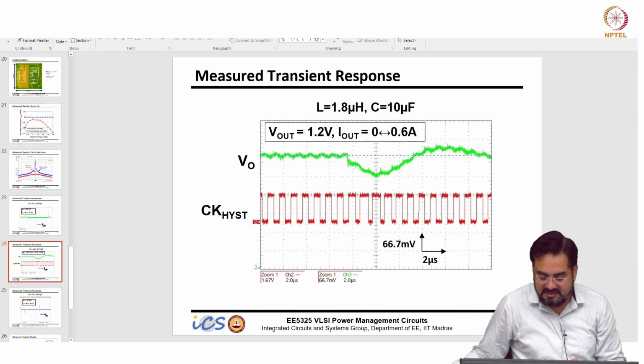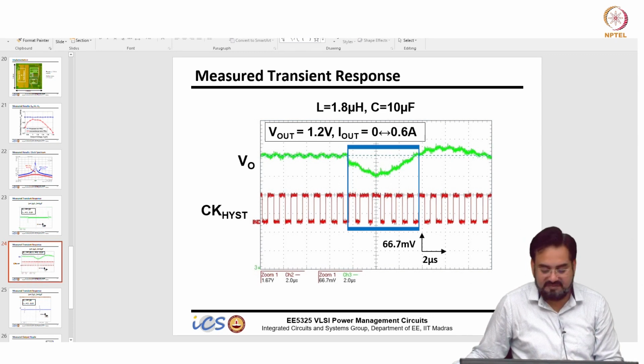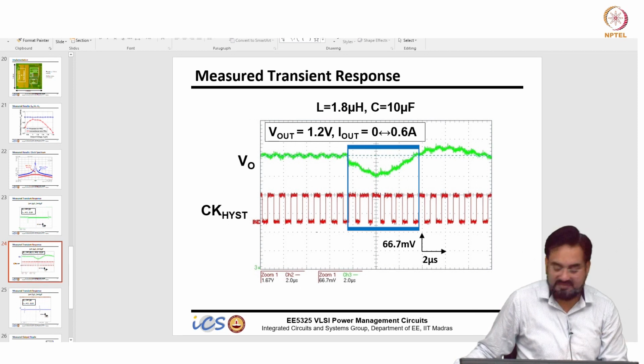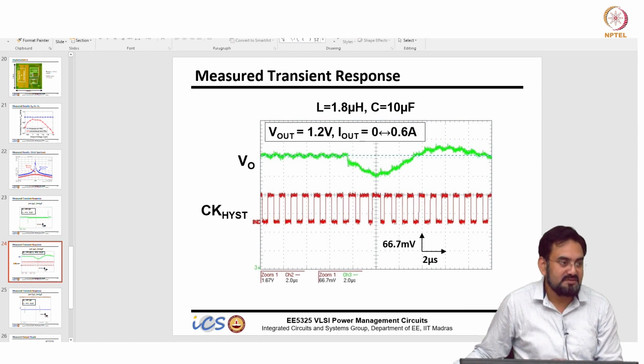So in this case, if you see here, during this transient for maybe I think 5 to 6 cycles, the frequency is not the same as your steady state frequency. So the transient comes and your duty cycle is changed, and if you look at a period here, it will be different than this actually, it is not the same.